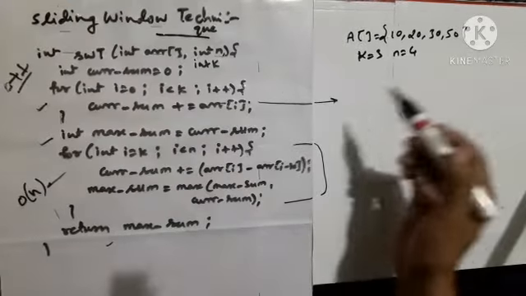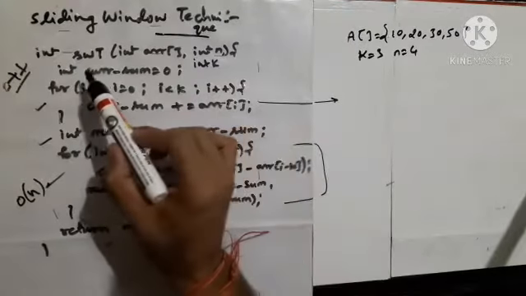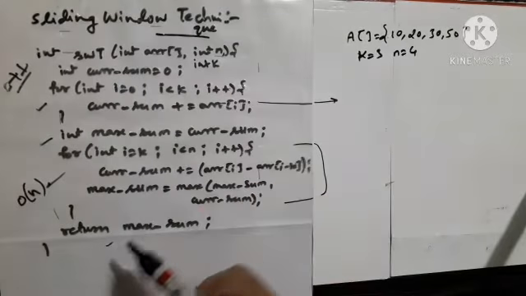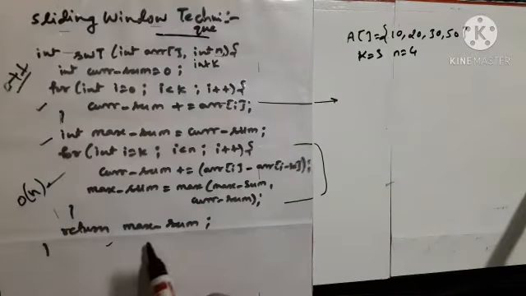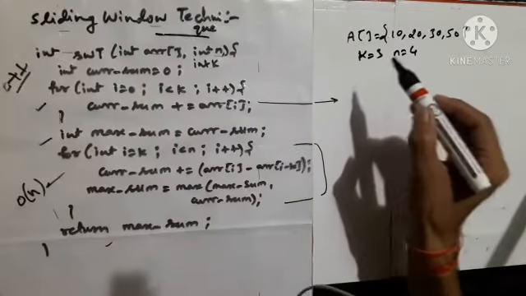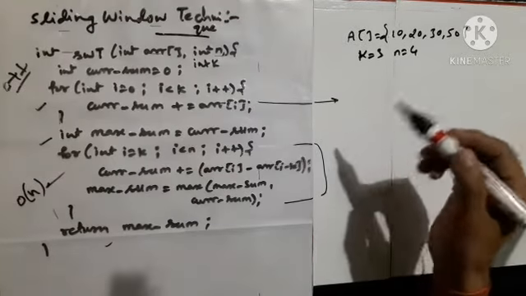Definitely n is 4, so these 3 parameters will be passed as arguments to the SW function, the sliding window technique function, and this function returns the max sum. So my max sum will be the sum of 3 consecutive elements which is the maximum.